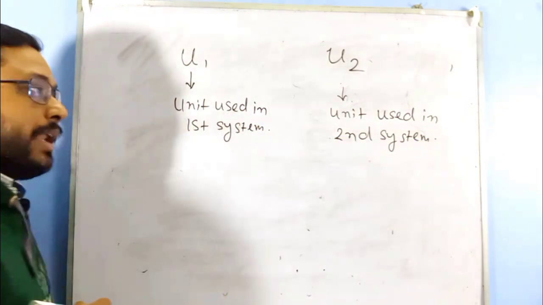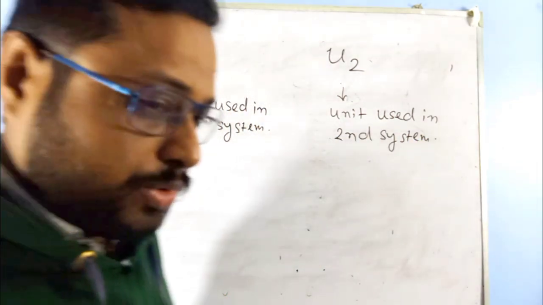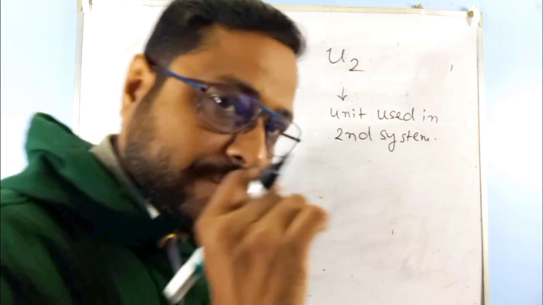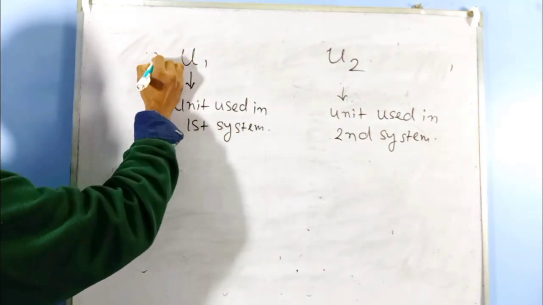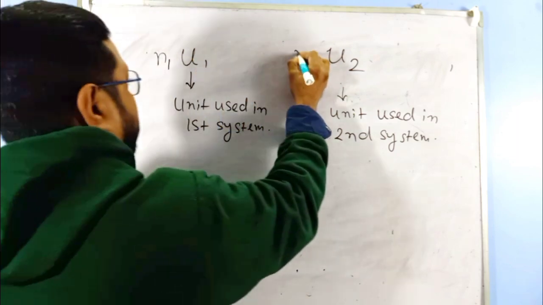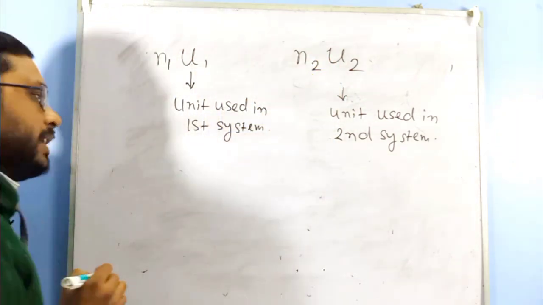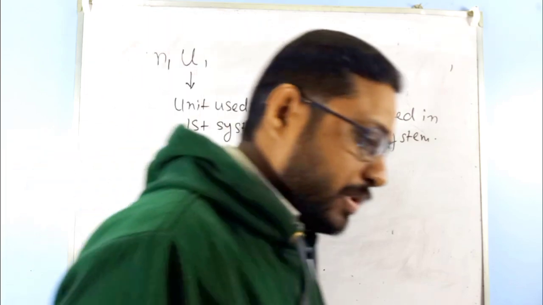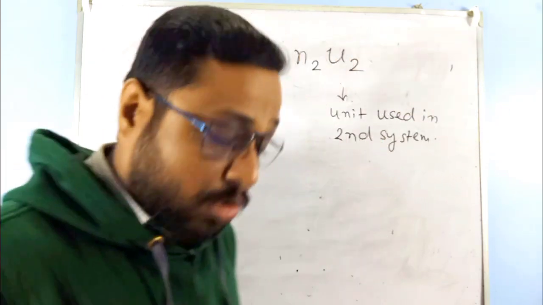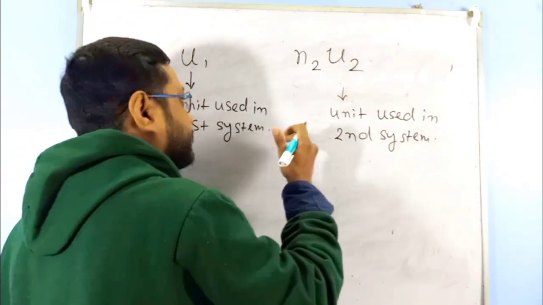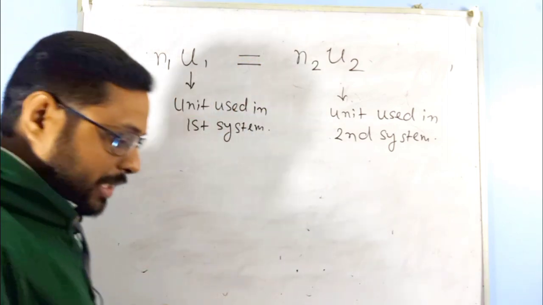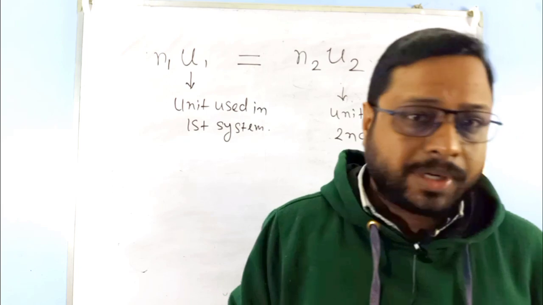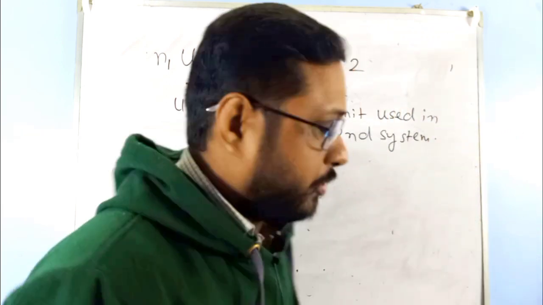If N1 and N2 are the numerical values of that physical quantity in the two systems, then according to dimensional analysis these two must be equal. N1 U1 must be equal to N2 U2.